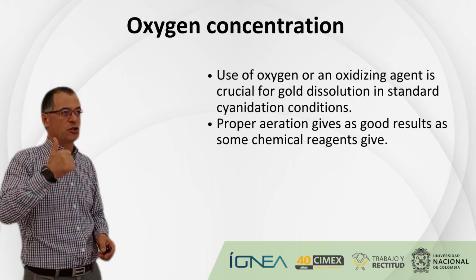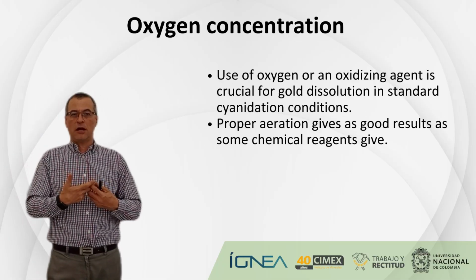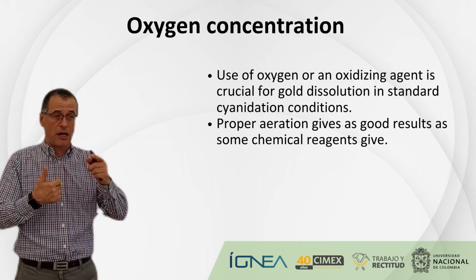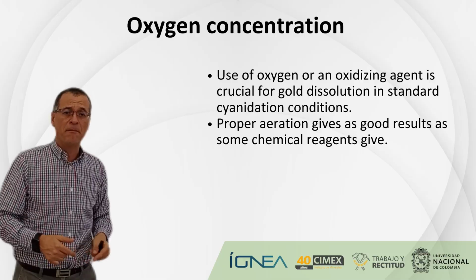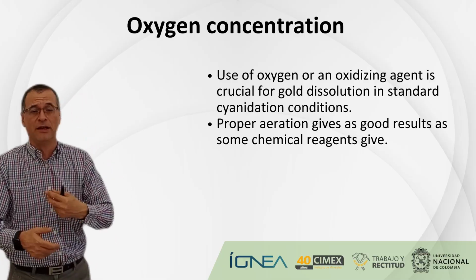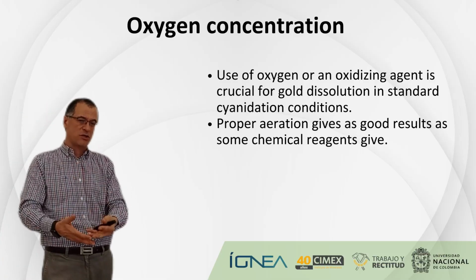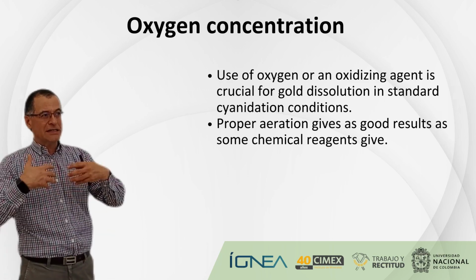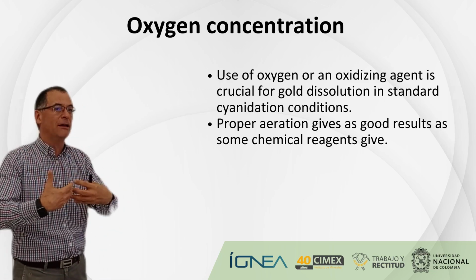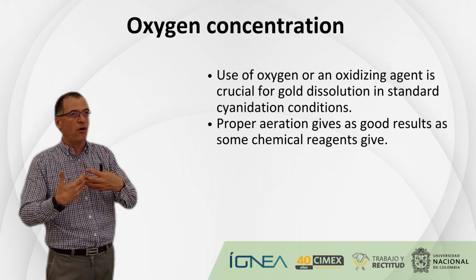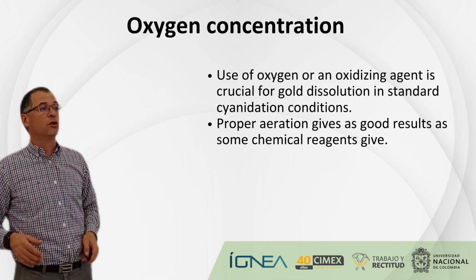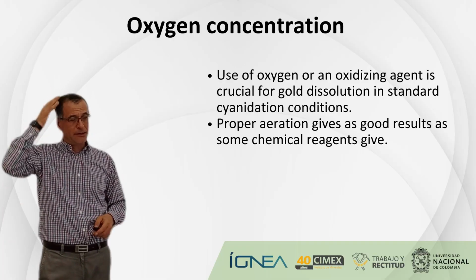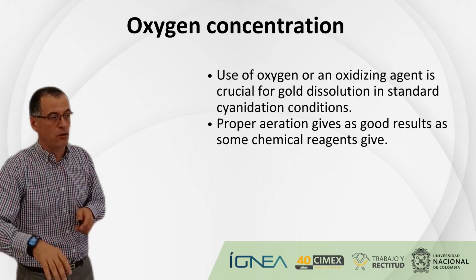First is the oxygen concentration. Oxygen is very important, as I showed you in the Habashi reaction. You need oxygen because you need to oxidize. You need to make an oxidation process with the gold, and you need to define that there is enough quantity of oxygen in order to make it possible to have the reactions that oxidize the gold.